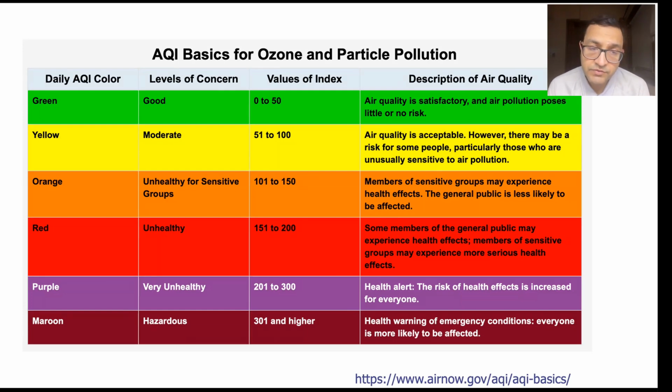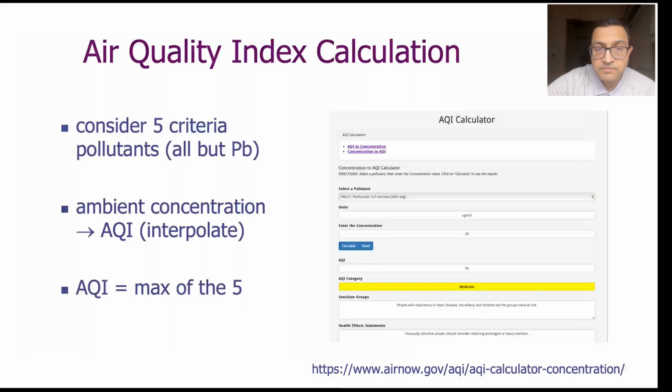If it's 51 to 100, it's yellow. And then as AQI increases from 100 to 200, it becomes unhealthy, and then very unhealthy, and 300 and above is considered hazardous. And there are descriptions of what you could or could not do under different AQI levels.